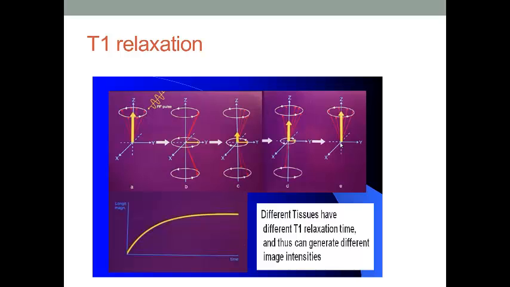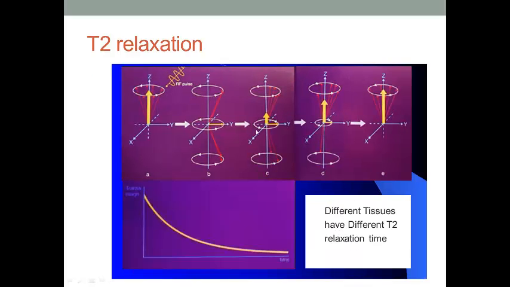So this is the recovery of the net magnetization from this to here. That's called T1 relaxing. Also, we have T2 relaxation. T2 relaxing is totally different.